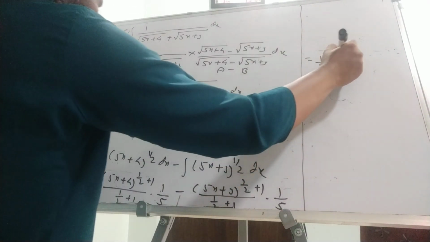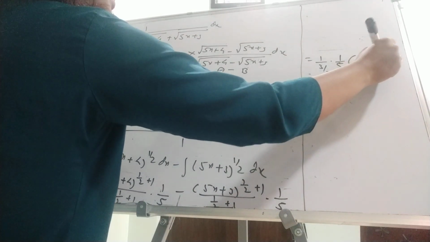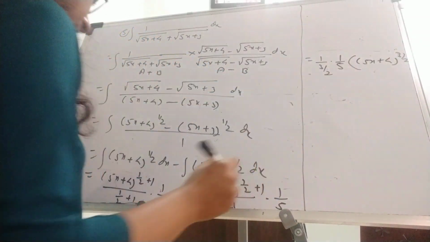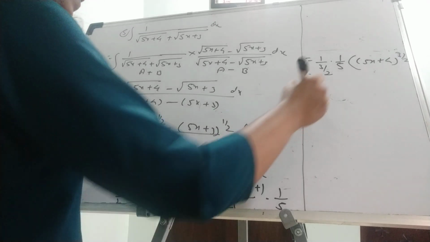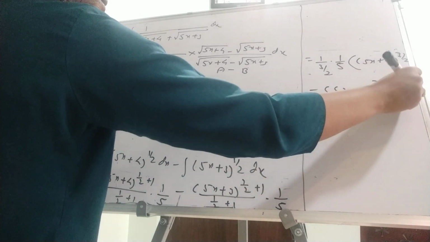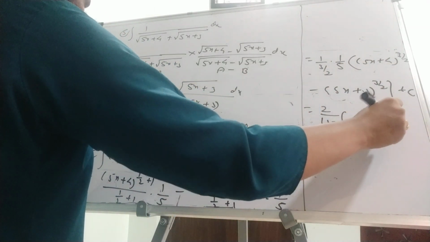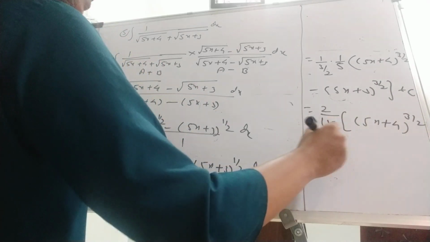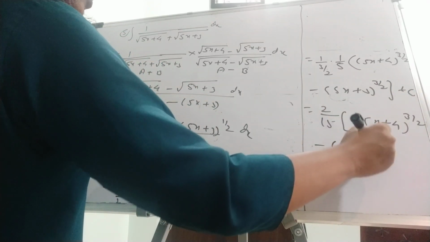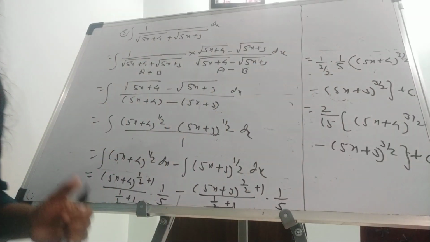And this 1 upon 5 also common. So inside bracket 5x plus 4 raised to 3 by 2, half plus 1, it is 3 by 2. Minus 5x plus 3 raised to 3 by 2 plus c. So finally it is 2 upon 15, 5x plus 4 raised to 3 by 2 minus 5x plus 3 raised to 3 by 2 plus some constant value c.